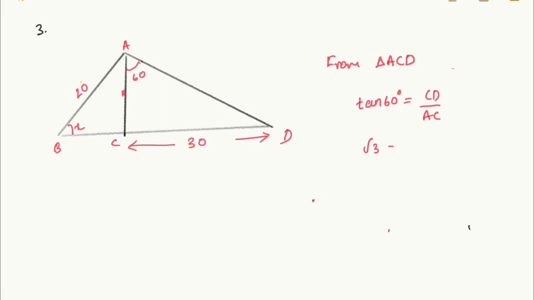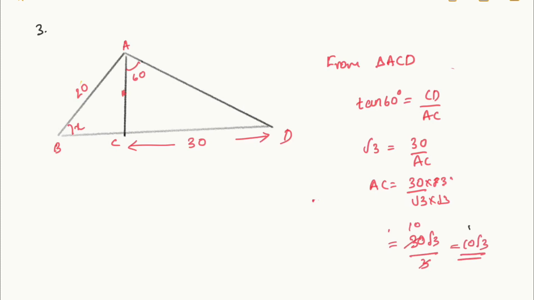Tan 60 is root 3. Root 3 is equal to 30 by AC. So AC is equal to 30 by root 3. Okay, so I can multiply with root 3 on both sides. So I get 30 root 3 by 3, that is equal to 10 root 3.